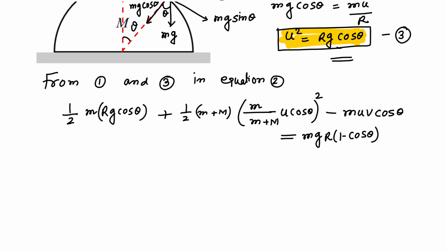Now you have to solve for u and v. So let us say if I plug the value of v here also, and u also, then we can basically calculate theta.